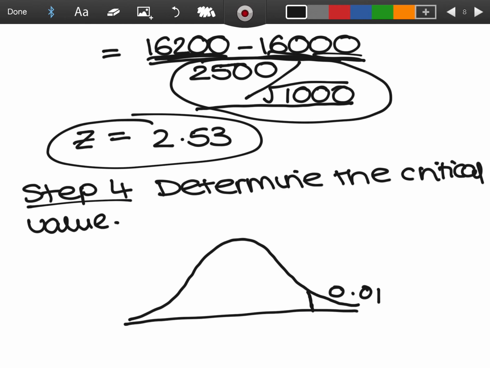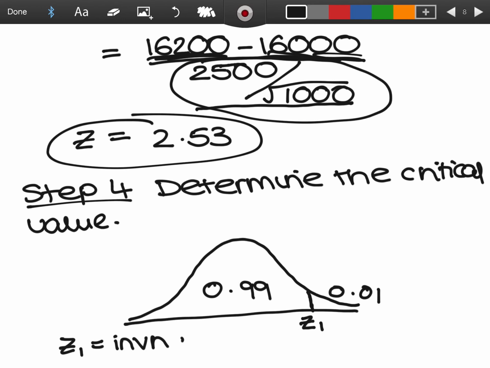We reject the 1% that's on the right, which means that we're going to accept what the null hypothesis says 99% of the time. So the question is, what is this critical value? We'll call it Z1. Calculate it the exact same way as you normally would.